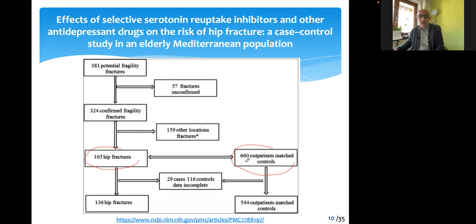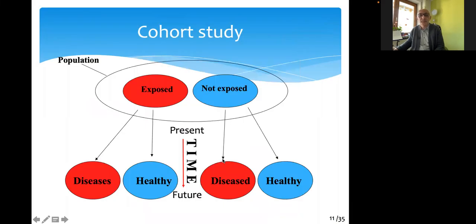So 165 to 660. They will look at the risk factors by going back, and going back means you need the people to remember something. There is a memory effect when you need to look at the records, patient records, and those are actually drawbacks or difficulties of case control studies.